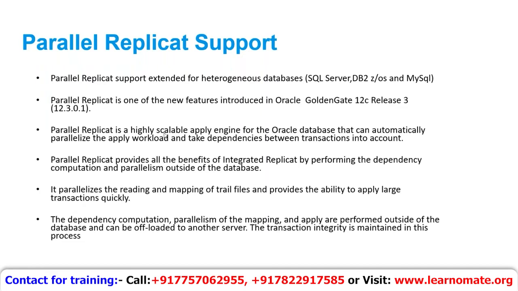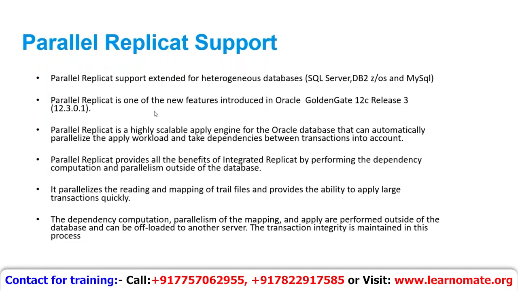Parallel replicate is a highly scalable apply engine for Oracle database that can automatically parallelize the apply workload and take dependencies between transactions into account. Parallel replicate provides all the benefits of integrated replicate by performing the dependency computation and parallelism outside of the database. It parallelizes the reading and mapping of trail files and provides the ability to apply large transactions quickly.